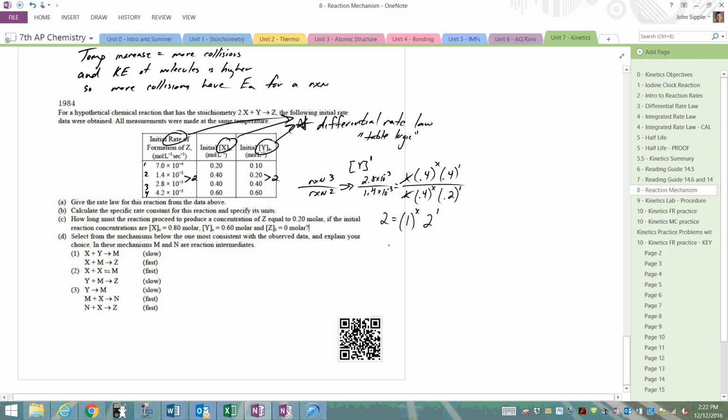So 2 divided by 2 gives you 1, which is equal to 1 to the power X. So I kind of screwed this up. We picked the wrong numbers.